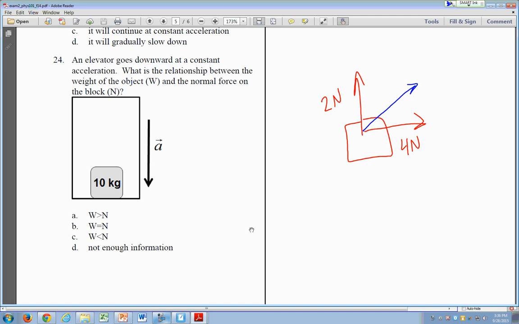The net force would be the square root of 2 squared plus 4 squared, the square root of 20, which is 2 root 5. And this angle would be the inverse tan of 2 over 4. It wasn't a terribly complicated thing. I remember it being pretty easy. I think you'll be okay with it. All right.